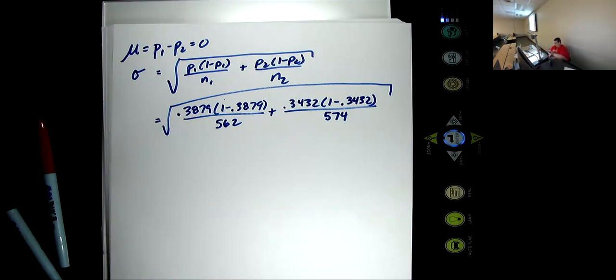This doesn't look fun. 0.3879 times 1 minus 0.3879, divided by 562, plus 0.3432 times parentheses, the thing does not want to do it when I hit it.